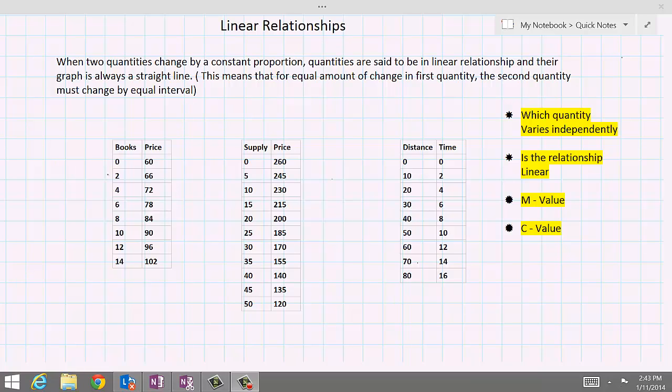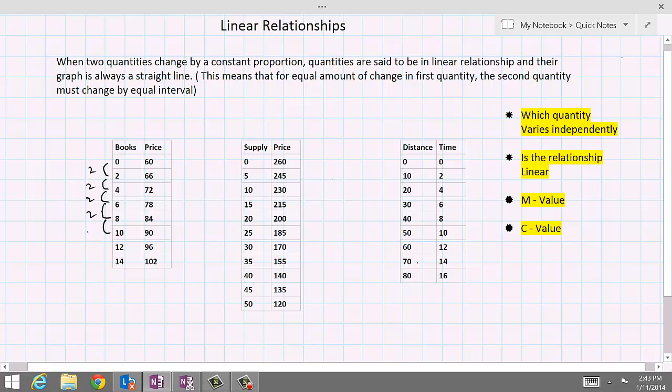So if we look at the number of books being printed here, the books increment by 2 each time. So the first quantity is changing by an equal interval, and that is 2. What is happening to the second quantity?